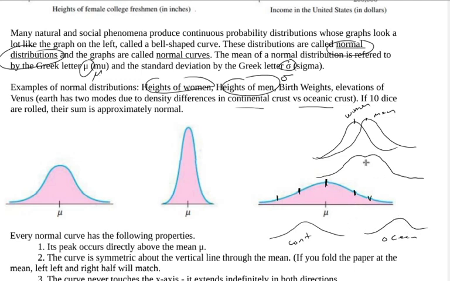But when you put them together, you get something similar to the women and the men: a little bump, then it goes down, and then there's another little bump. Oceanic is more dense, lower elevations, whatever. I'm moving on.